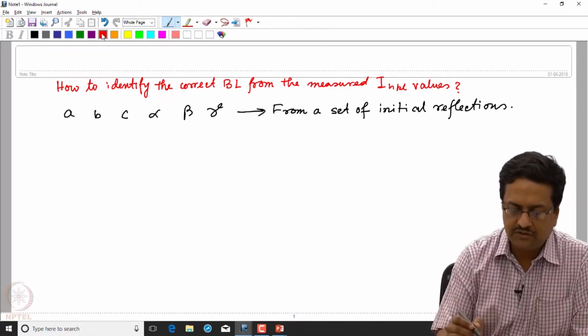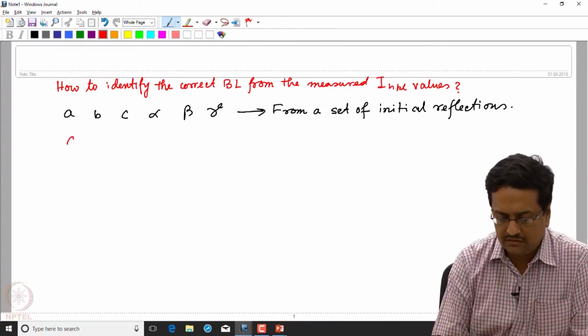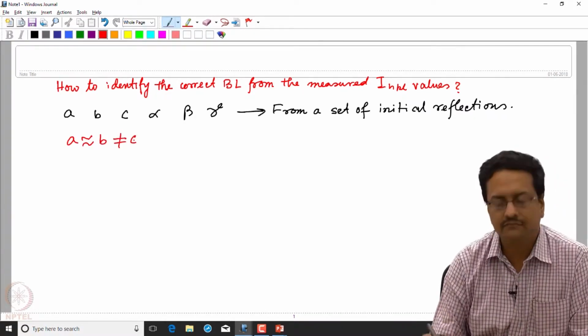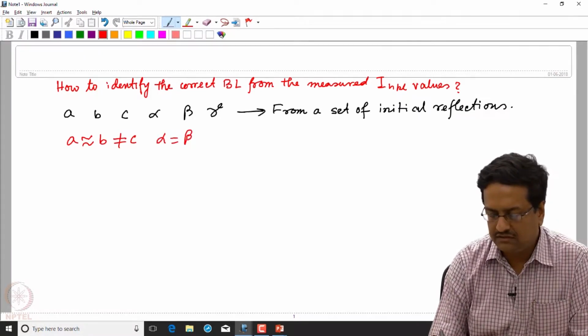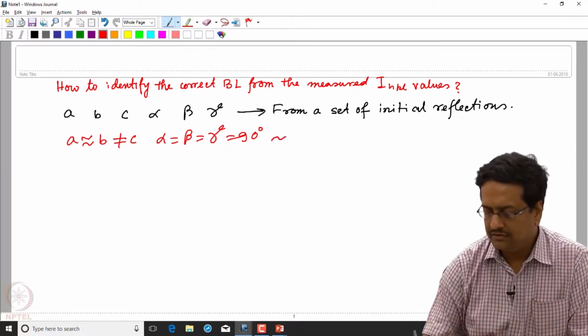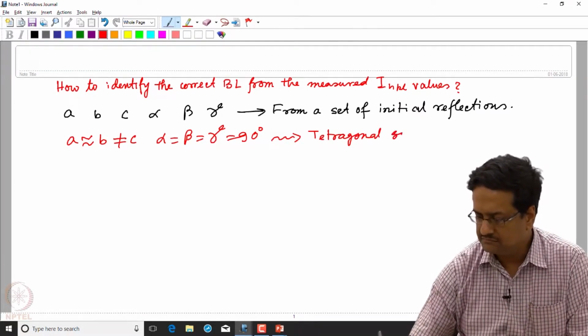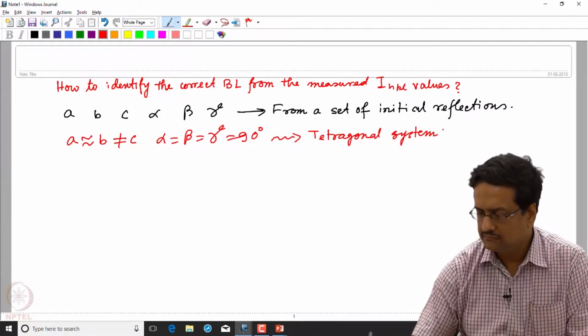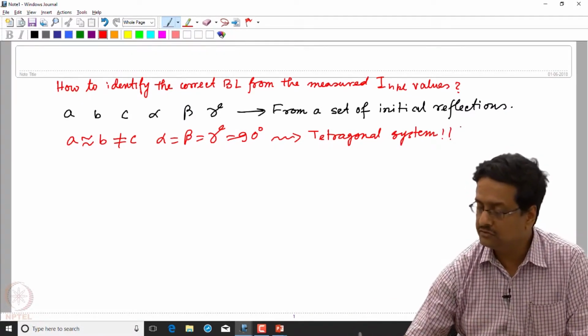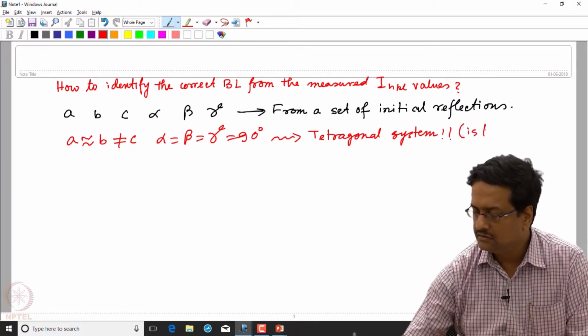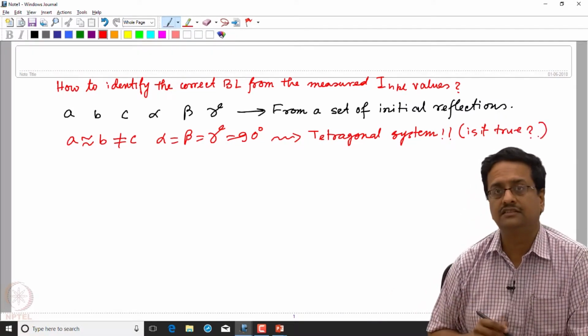On physical observation, it may turn out that A is very close to B and is not equal to C, and alpha equal to beta equal to gamma equal to 90 degree, which may look like a tetragonal system. Is it true that it is a tetragonal system?